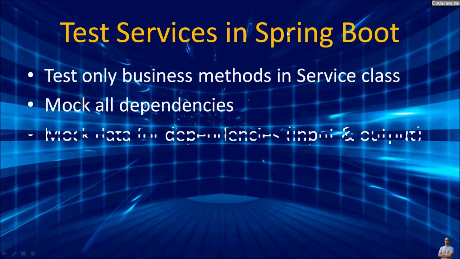We also mock the data for the dependencies, or in other words, we create dummy data for the input and output required by the dependencies. So we can focus on testing only the business methods of the service class.